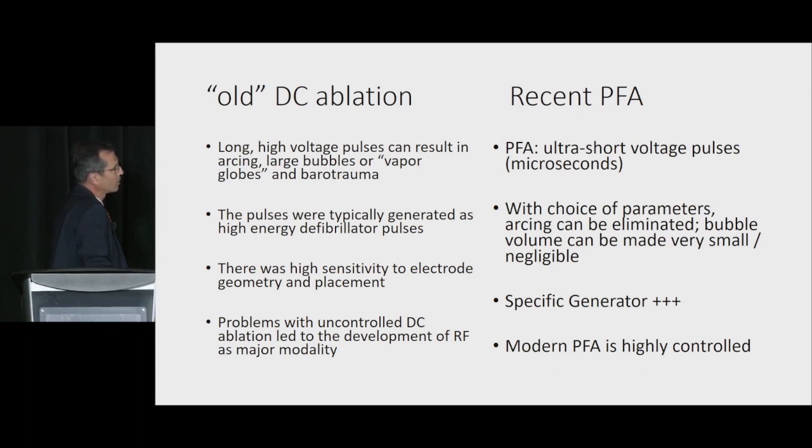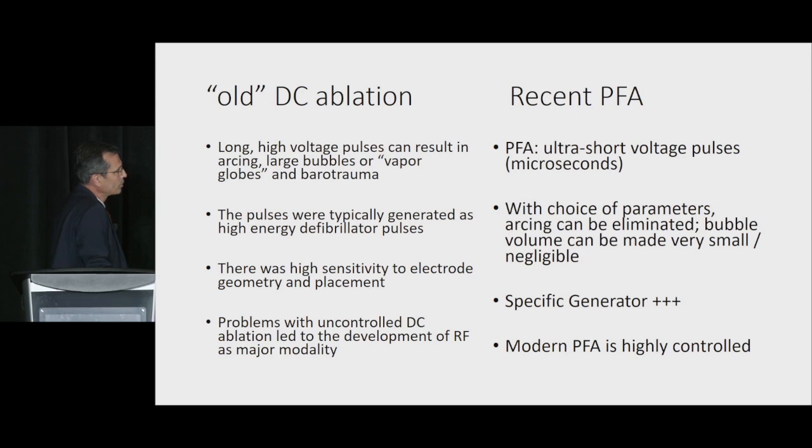Of course, bubbles are not desirable, and you can refine the waveform to minimize them. With the old type of waveform, there is also a higher sensitivity to the electrode geometry and placement that is more forgiving with more recent strategies.